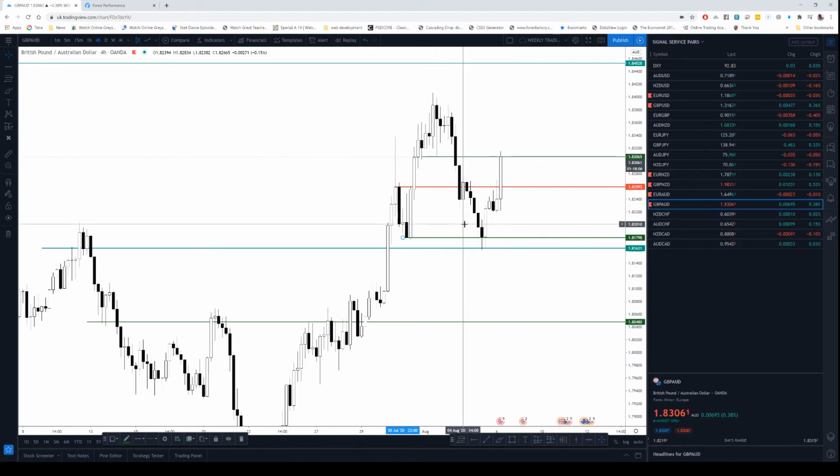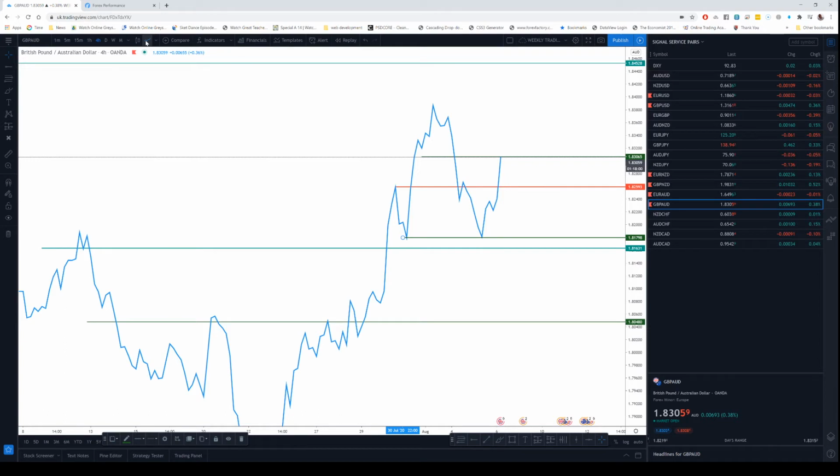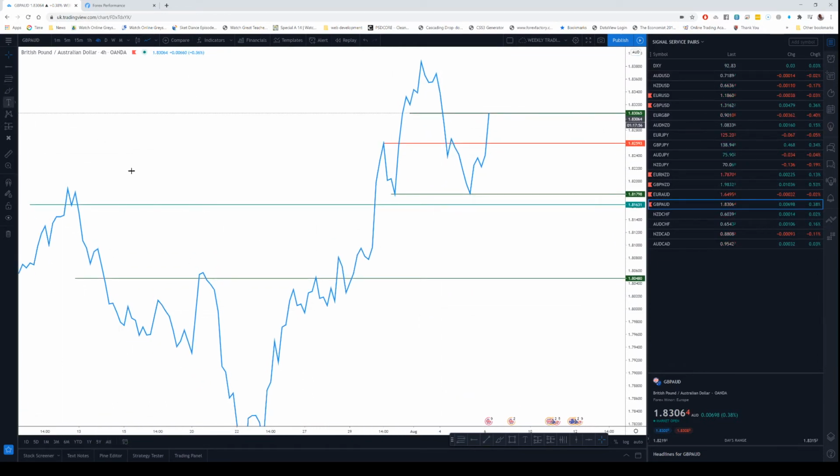So what I usually use is the line chart, because the line chart will depict true price action to you. You will see that this high, that low, we broke, retracement, we broke, retracement, we broke, retracement, we broke, retracement, we broke, and then between this high and that low is also a retracement.